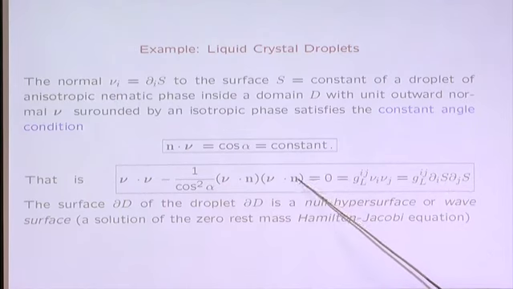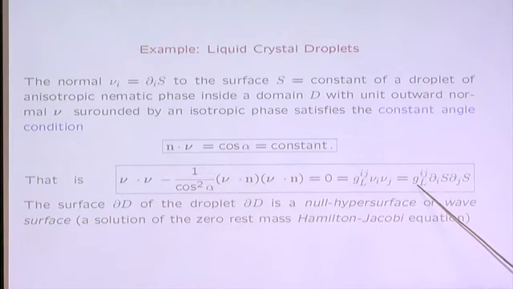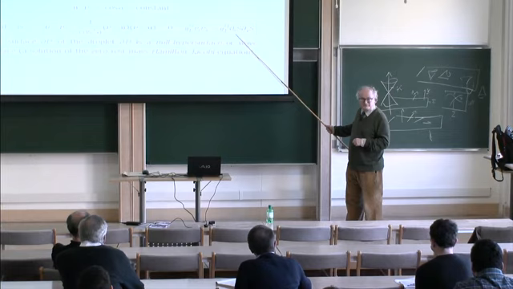And this combination is just the Lorentz metric inverted. So this equation is telling you that the gradient of s with respect to this Lorentz metric is 0. But that's telling you it's a wave surface or a null hypersurface.